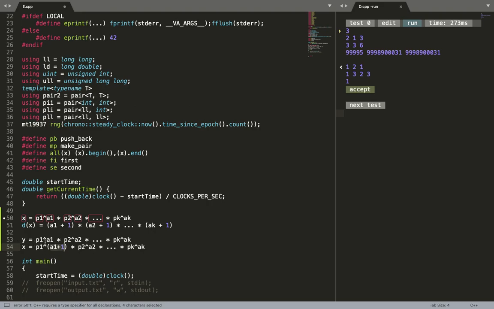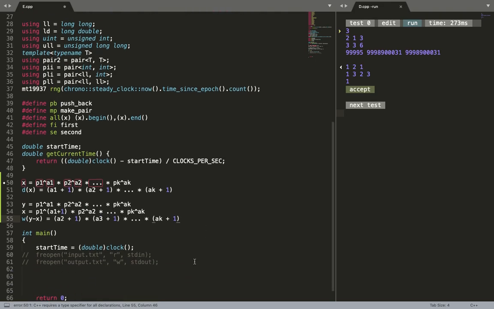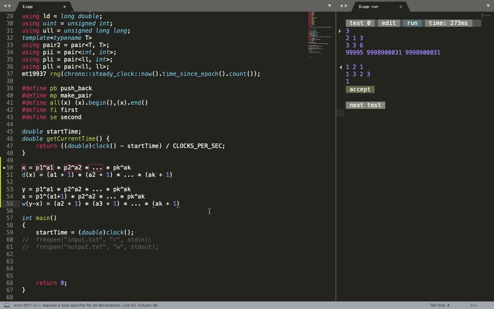So the weight of this edge is (a2 plus 1) times (a3 plus 1) times ... times (ak plus 1).